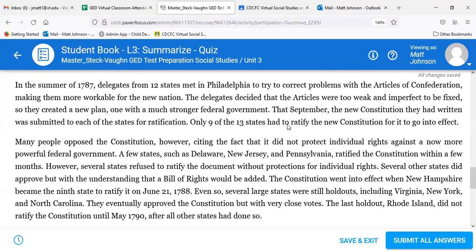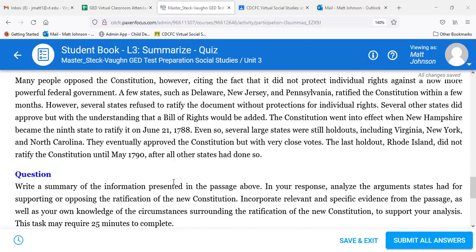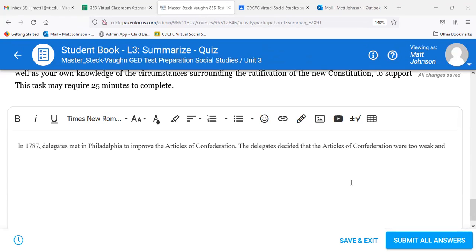So we could just say delegates decided the Articles were too weak and created a new plan with a stronger federal government.